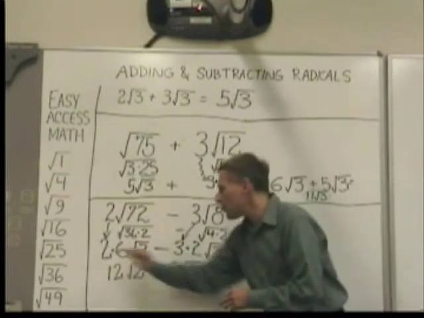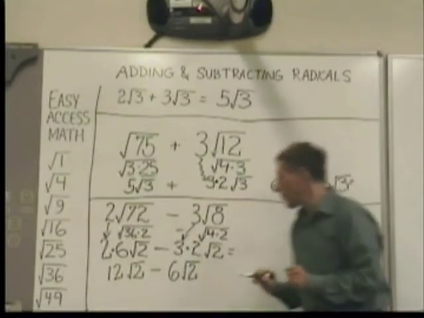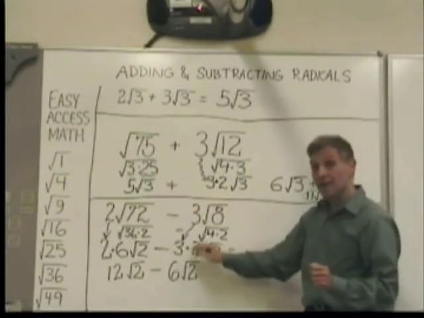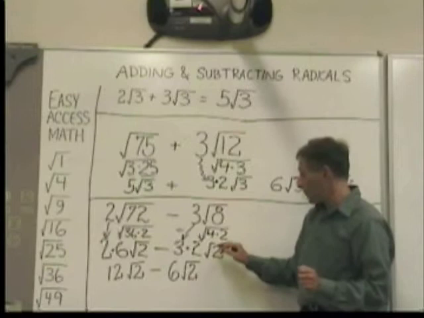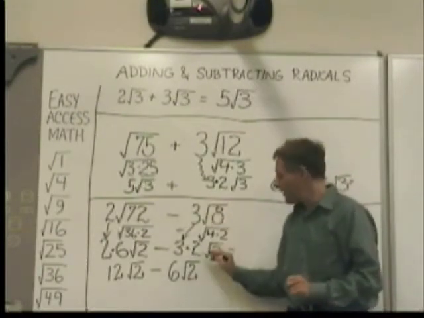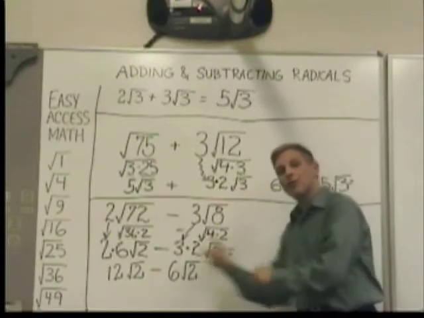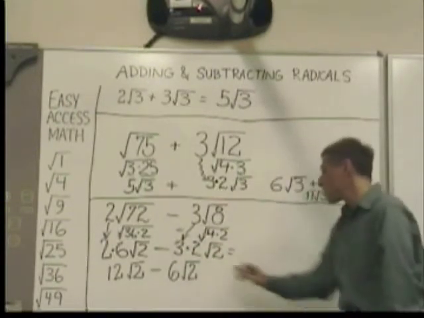I already had a 2 out here. I multiplied it by the 6 that I pulled out. I get 12. I already had a 3 outside. I multiplied by the 2 from the square root of the 4, and that gave me 3 times 2 is 6. The radical 2's on each stayed in.